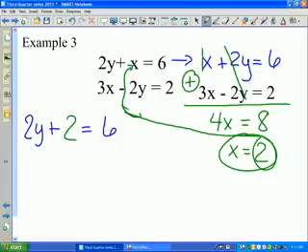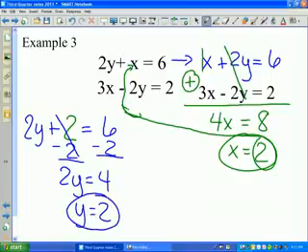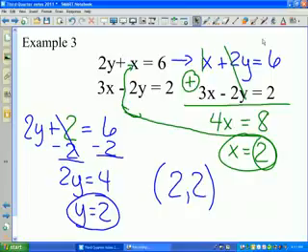And if 2y plus 2 equals 6, that means I'm solving for y. So I have to subtract 2 on both sides. So these 2's can cancel out. Now I have 2y on one side of the equal sign and 4. So if 2y equals 4, that means y equals 2. So my solution is (2, 2). So (2, 2) represents the point of intersection.